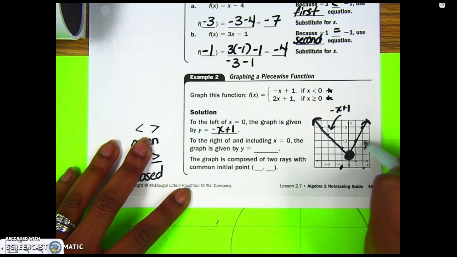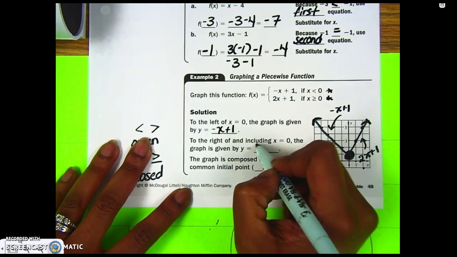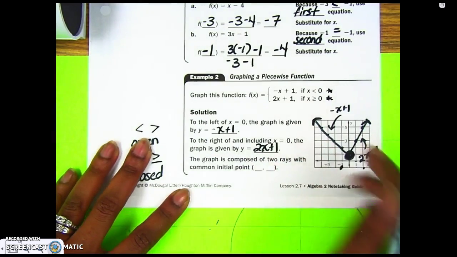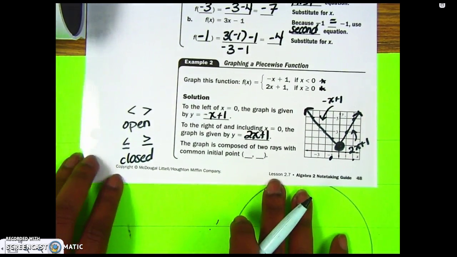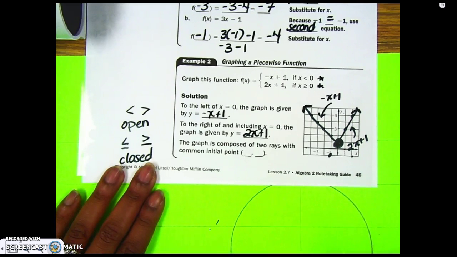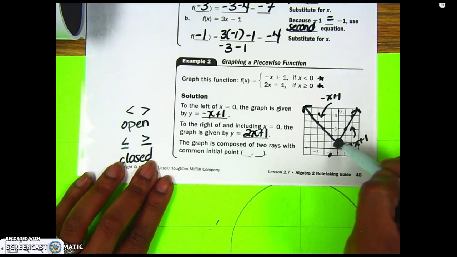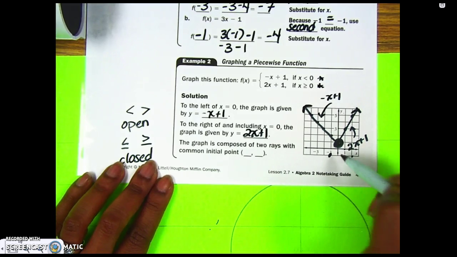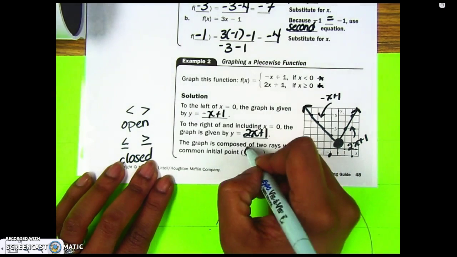This part right here is 2x plus 1. So the graph is composed of two rays with the common initial point, because this is where they meet up together, of 0, 1.